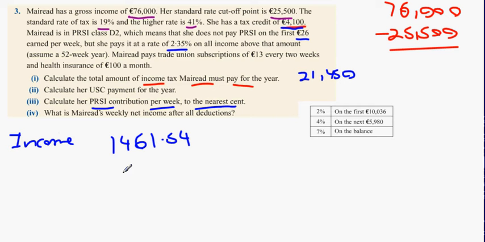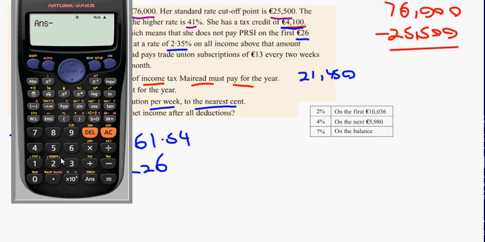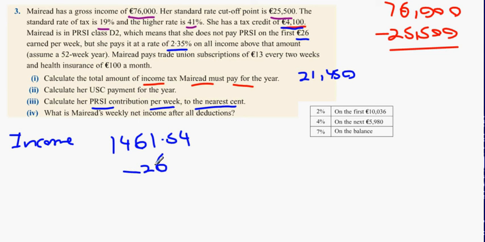Then we can take away our 26, so minus 26, and we get 1,435.54. And then out of this money she's going to pay 2.35%.